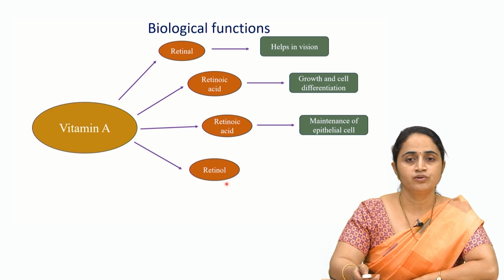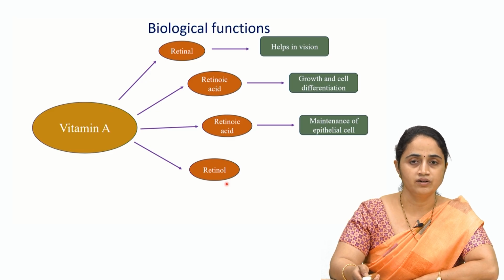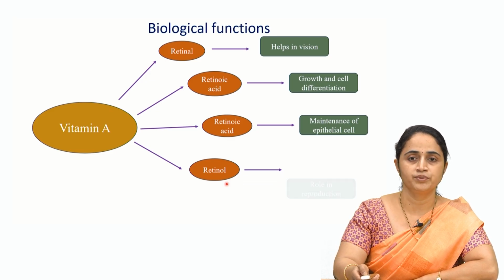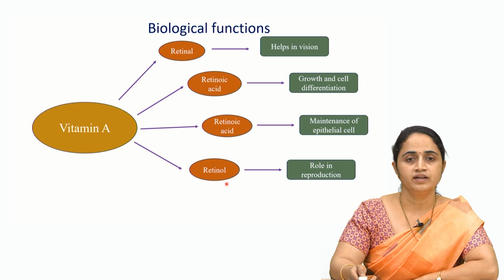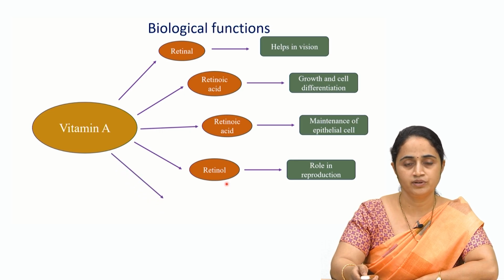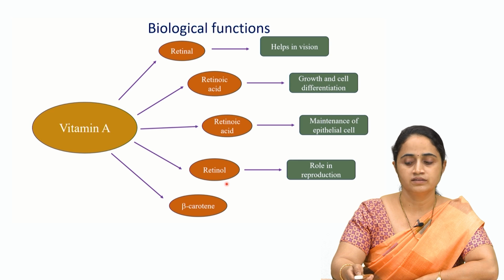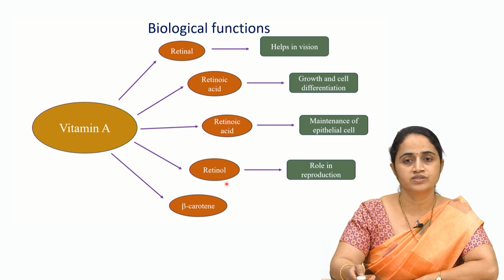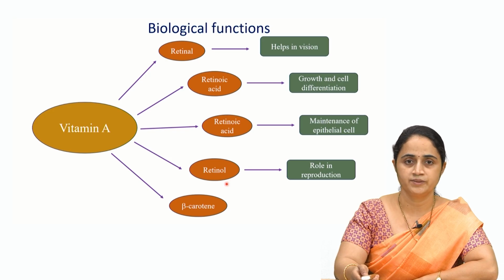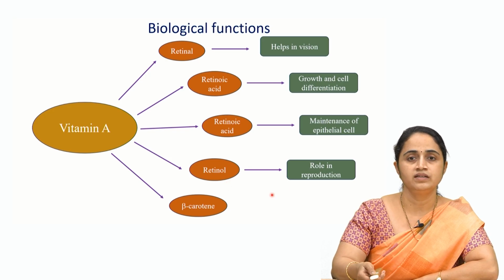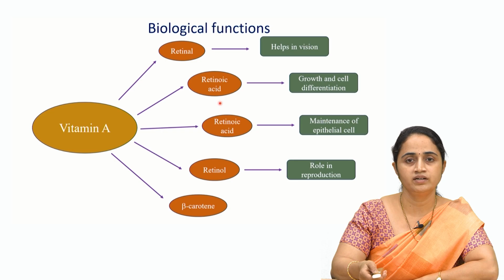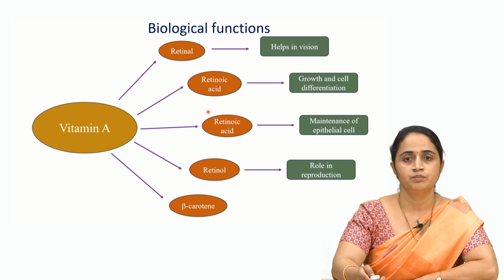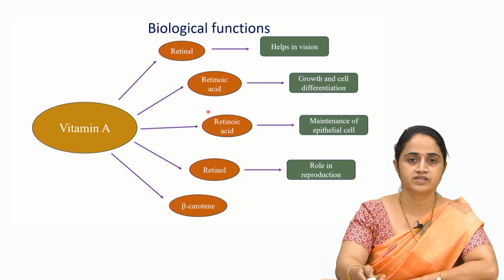And as the alcoholic form, retinol, it is required for reproduction. And beta carotenes, as I mentioned, the plants which are rich in beta carotenes have strong antioxidant action and they help in maintaining the immunity, or they are required for immune functions. So, vitamin A has these many important functions to be performed in the body in different forms.